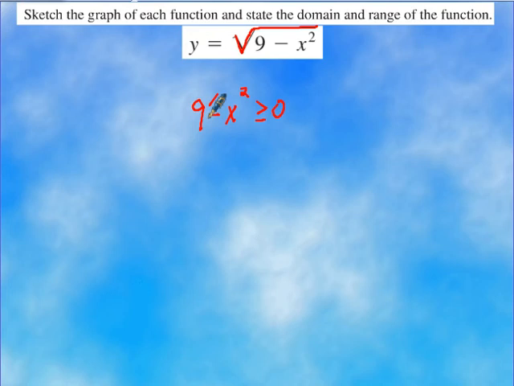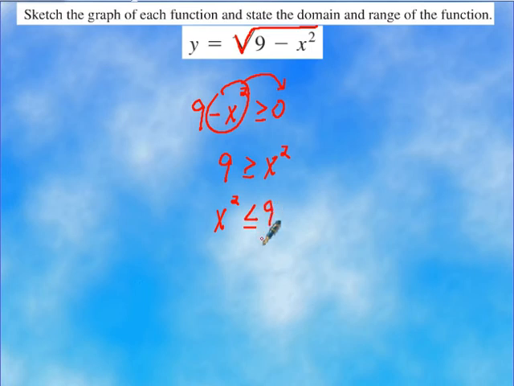And I'm going to clean this up a little bit. I'm actually going to take negative x squared and move it over here, and then flip the whole thing around. x squared is less than or equal to 9. Hopefully you can look at that and tell what things x can be. Can x be 3? Is 3 squared less than or equal to 9? Sure.